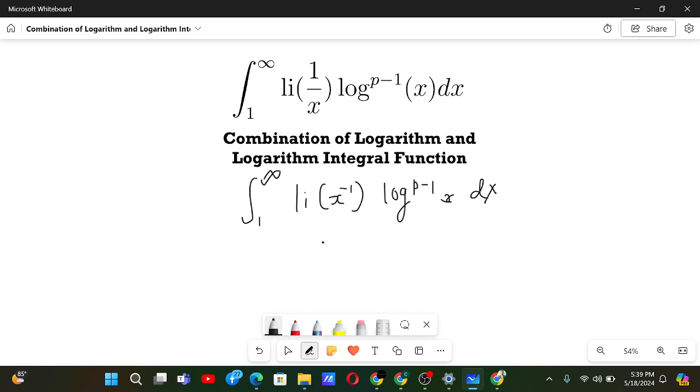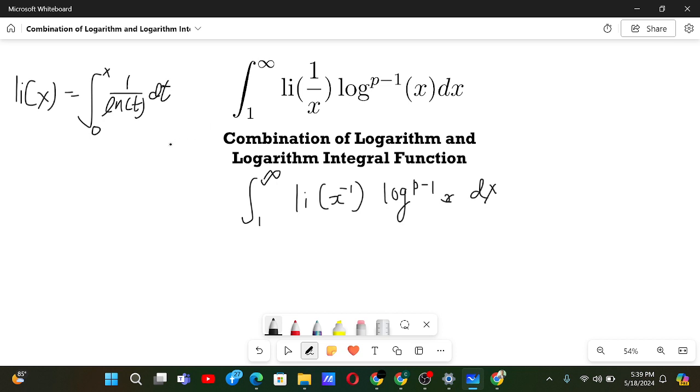Now we know that Li of x is just the logarithm integral function, and there are both the logarithm integral function and log, by which I have named this integral. And this is defined as integral from 0 to x of 1 by ln of t dt.